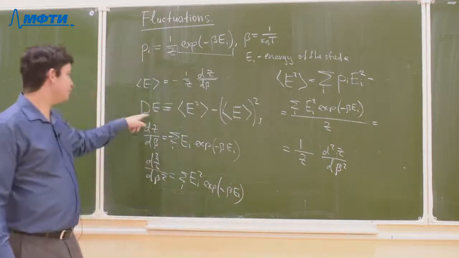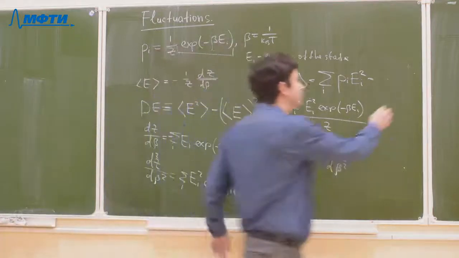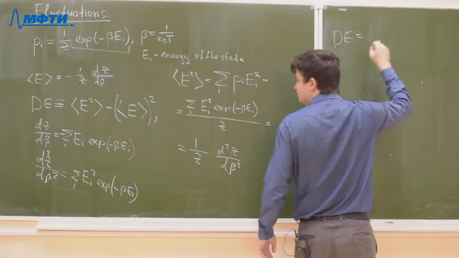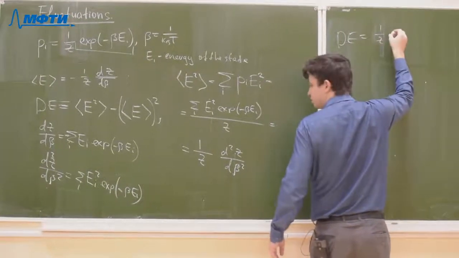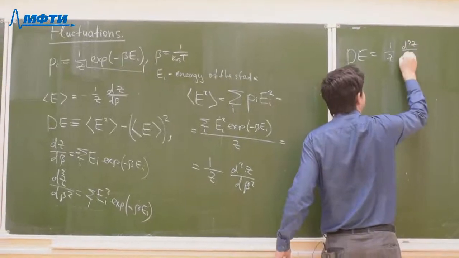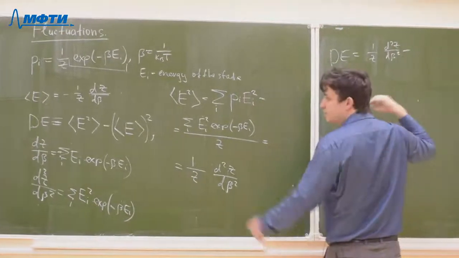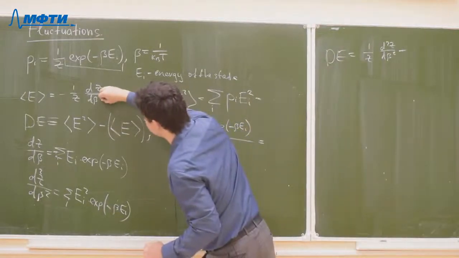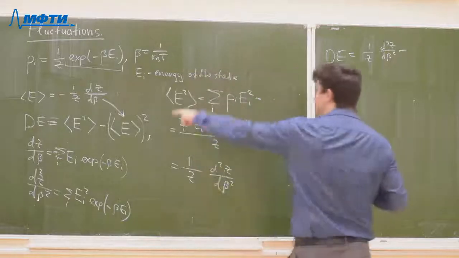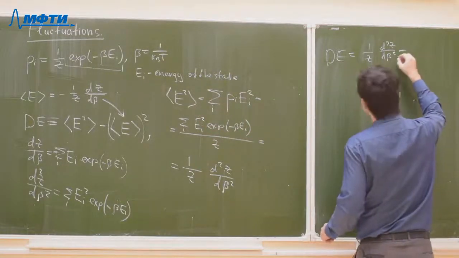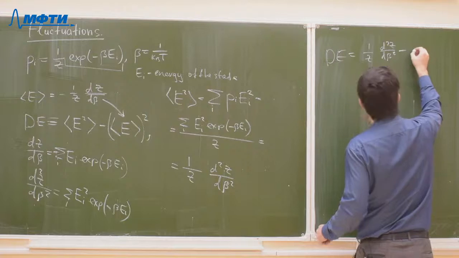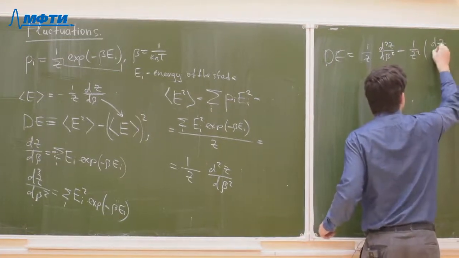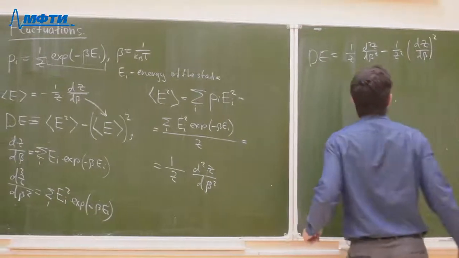But for the fluctuation, we have this formula. dE, the variance of energy, is 1 over z multiplied by the second derivative, minus the squared average of energy. And in order to calculate it, I insert this value in this formula. So I have minus, and the squared average gives me 1 over z squared multiplied by dz over d beta squared.